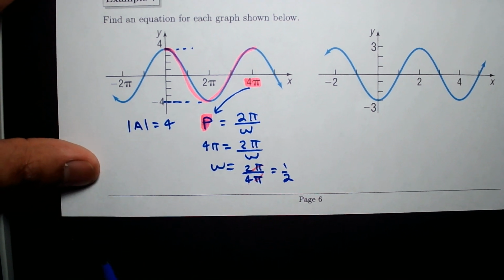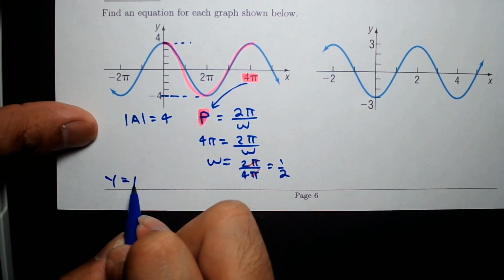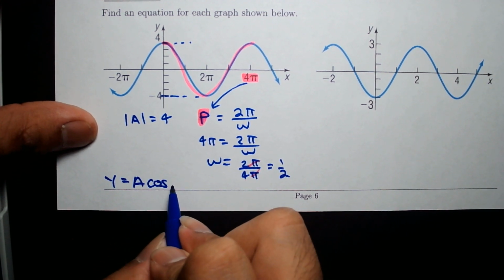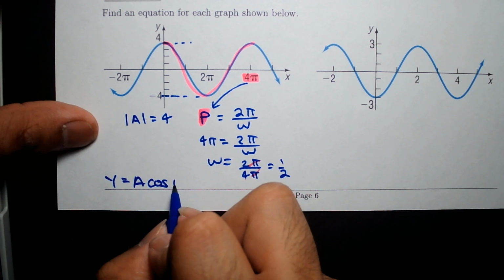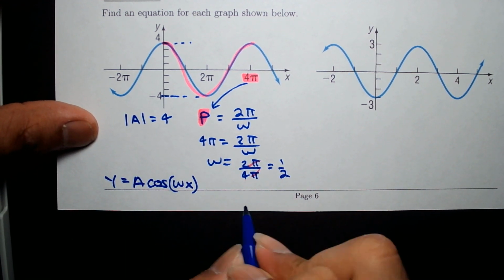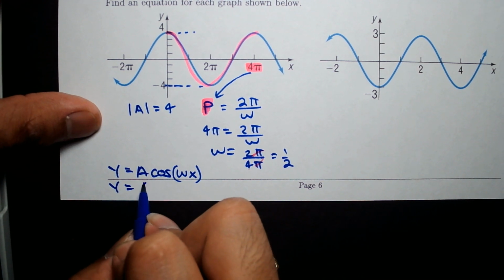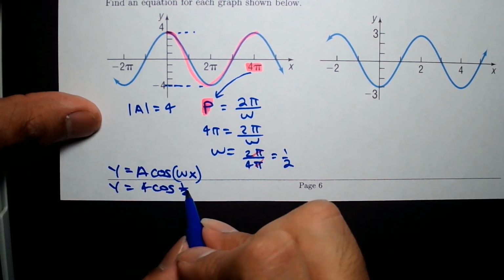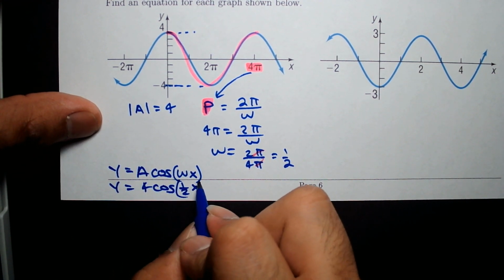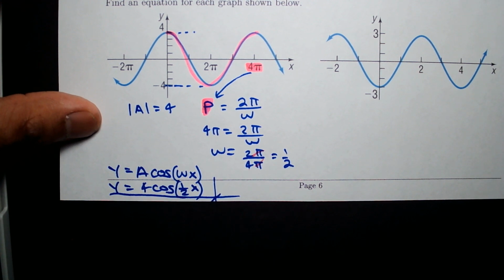So in this case, the function that we're looking for is y equals a cosine of omega x. We're looking for the function y equals 4 cosine of 1/2 x. All right. Final answer.